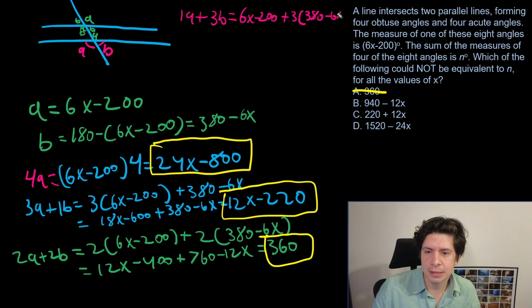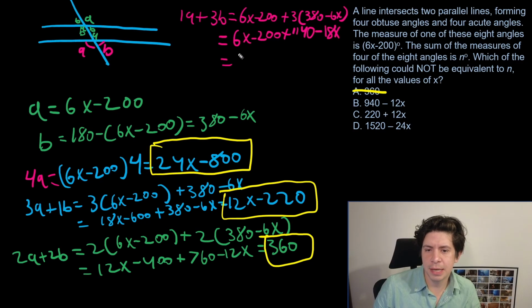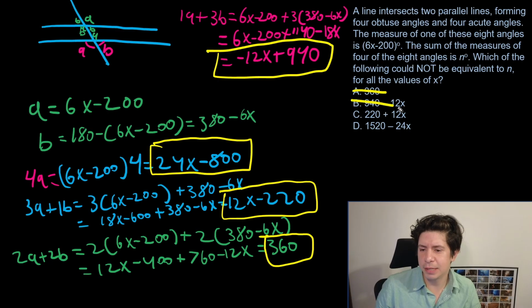That's going to give us 6x minus 200 plus 3 times 380, which is 1140, minus 18x. And 6x minus 18x is negative 12x. Negative 200 plus 1140 is going to be plus 940. And that is another one, so that one is right here. So we've gotten 2 of them gone. So now we're going to do 4B and see what that gets us.